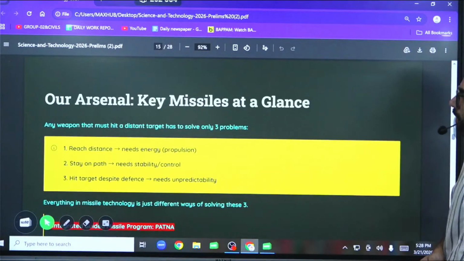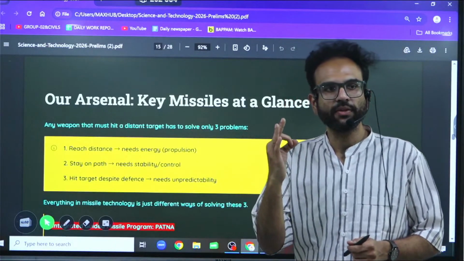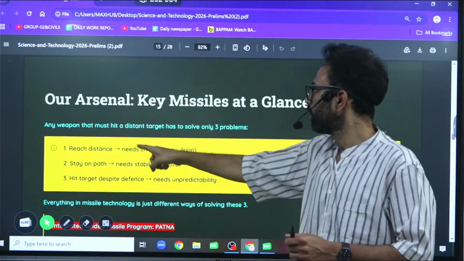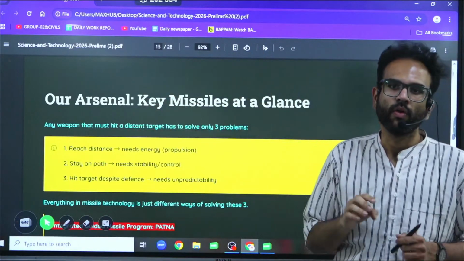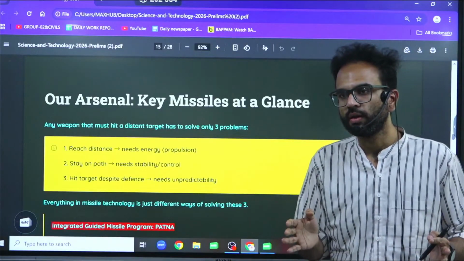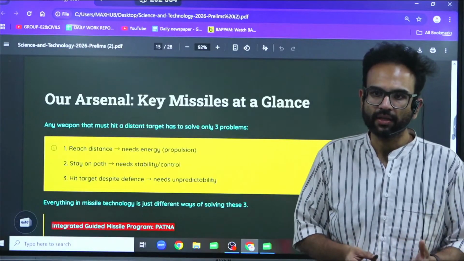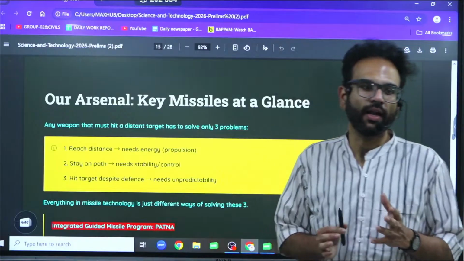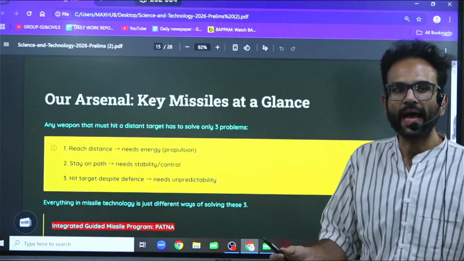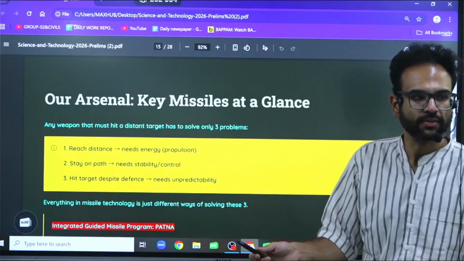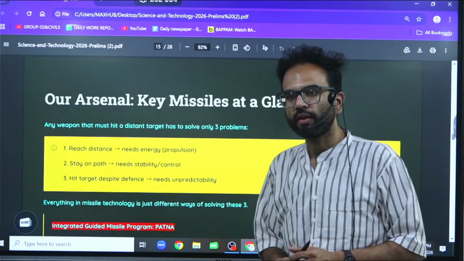So any weapon, when you are trying to hit a target, three objectives must be simultaneously achieved. First, you have to reach a specific distance. When you are having a war, there is a significant amount of distance in the terrain. For example, take the present war between Israel and Iran. There is a significant amount of gap between the countries. You have to hit from one country to another country.